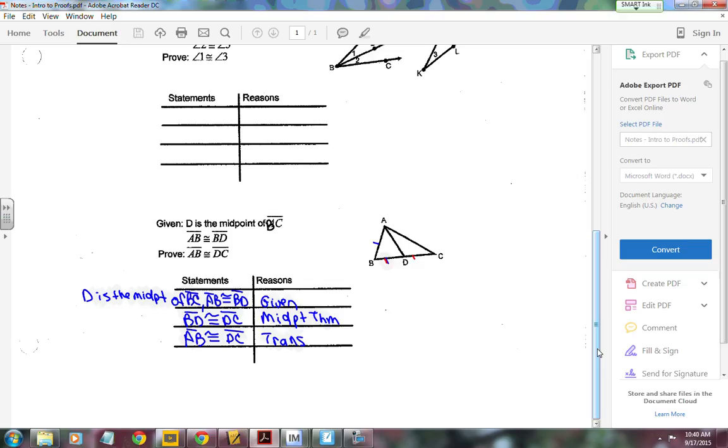There has to be a little box there, or you have to be told there's 2 perpendicular lines, or you have to be told the measure of it. You can't just assume. Just because one thing looks bigger than another, maybe not necessarily the case. Now, if there's a logical reason why it is, then you can assume that, okay? There's 2 things that I want to show you real quick.